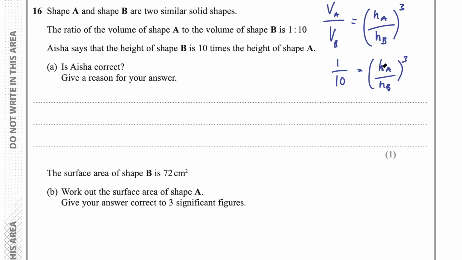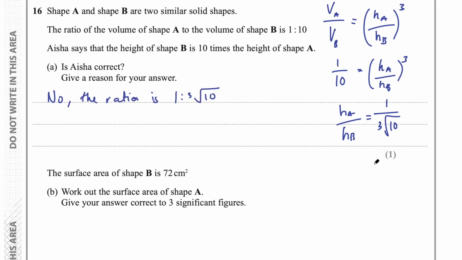So that means the ratio of the heights would be the cube root of this. So this would actually be the cube root of 1 to the cube root of 10, in other words. Okay, so Aisha is not correct. No, the ratio is actually 1 to the cube root of 10. Okay, that was part A for 1 mark.